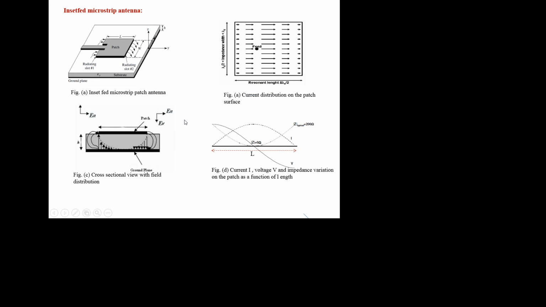Once the source is connected, the antenna starts radiating, and that radiation usually takes place at these edges, at the width side here and here.